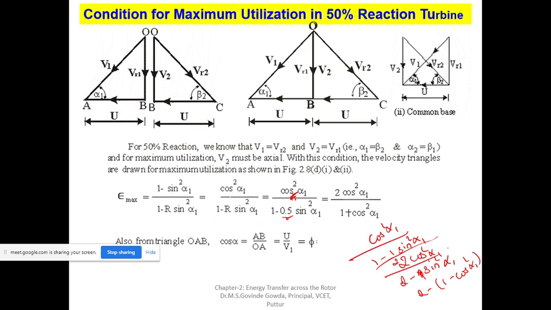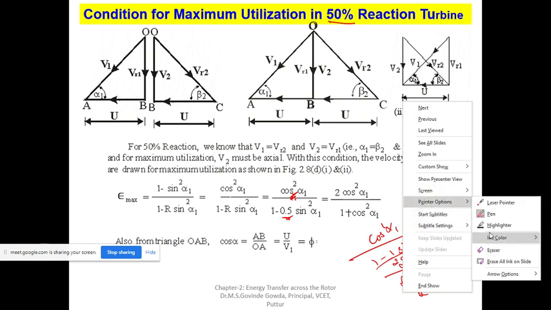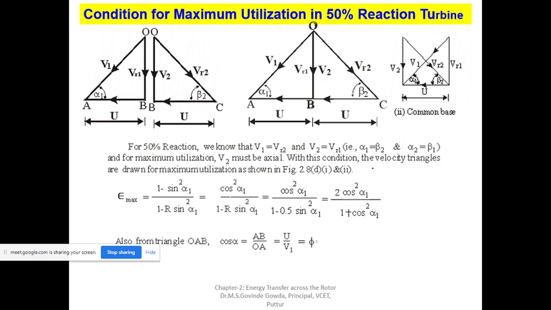Okay. Now r is how much here? 0.5. So this is what? Cos square alpha 1 by 1 minus 0.5 sin square alpha 1. So can I write 0.5 as 1 by 2? That only I am doing it here. I will just show you again here. So from this I am taking it directly now.